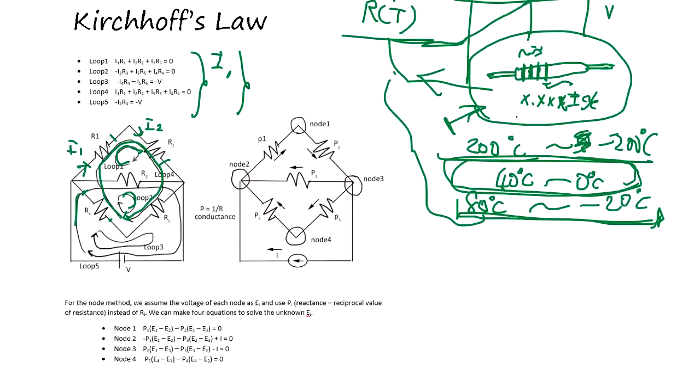Okay. Or another way is you take this node and add up all the I coming into this. It should be 0, which is this.